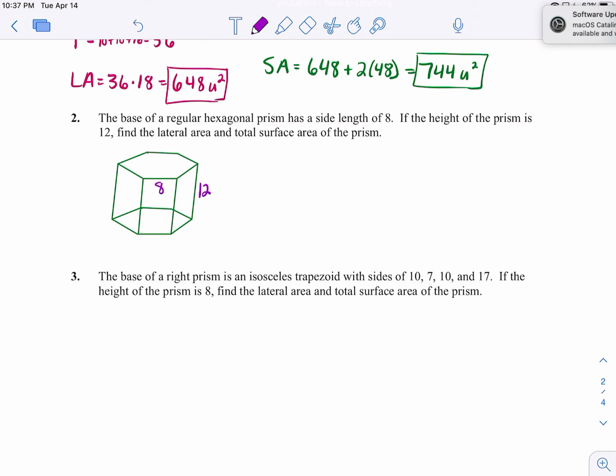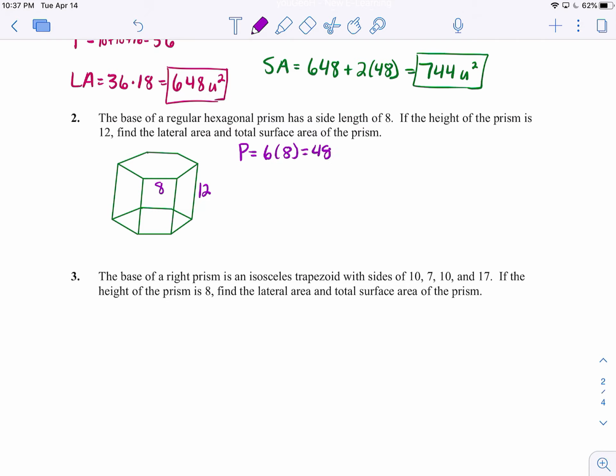rectangles. So as we start to figure this out, it asks us to find the lateral area and the total surface area. So the first thing for lateral area is we need to know the perimeter of our base. So for a hexagon, if it's regular, all sides are congruent and they're all 8 units long. And so the perimeter, we have 6 sides that are all 8 units long.